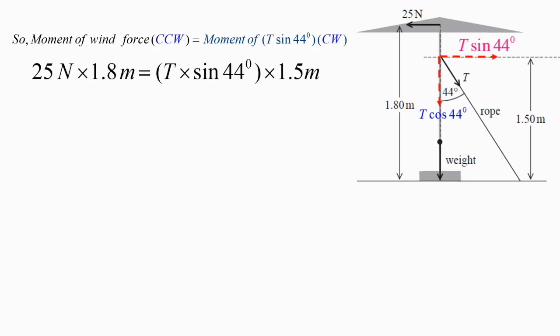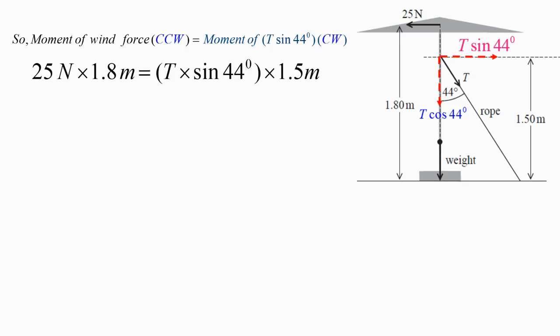The moment due to wind force is force into perpendicular distance: the force is 25 Newton and the perpendicular distance is 1.8 meter from the midpoint of the base to the line of action of the wind force. Then the moment of the horizontal component of tension is T into sin 44 into the perpendicular distance between the central point and its line of action, which is 1.5 meter.